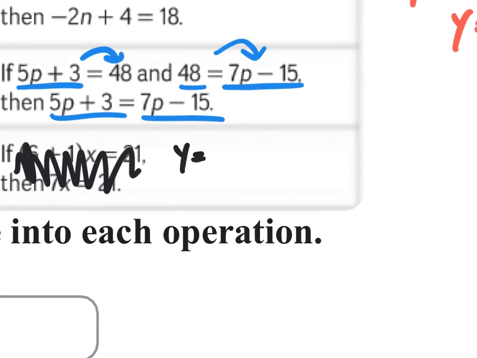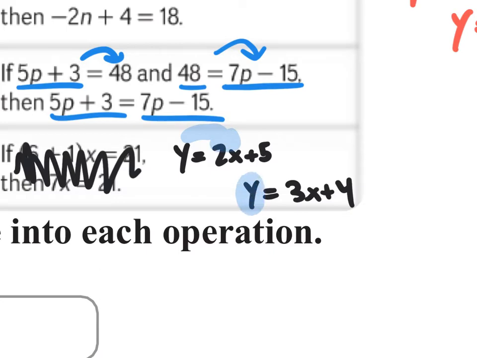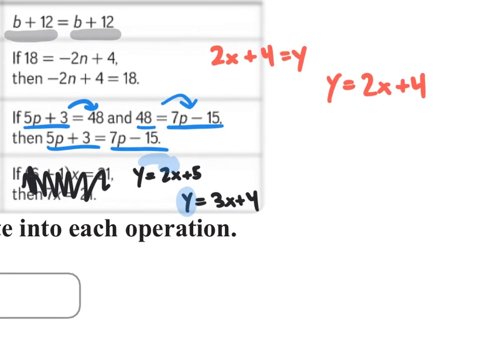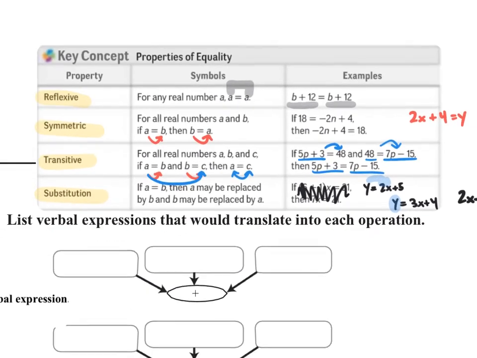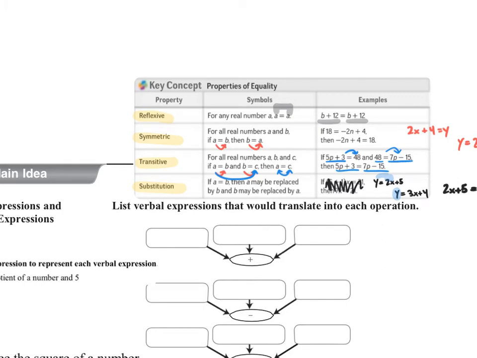If we have an equation like y is equal to 2x plus 5, and we have another one where y is equal to 3x plus 4, then under this property, since y is equal to 2x plus 5, we could change this y to also become 2x plus 5. So we can now say 2x plus 5 is equal to 3x plus 4. And that'll be how we use the substitution property later this year.